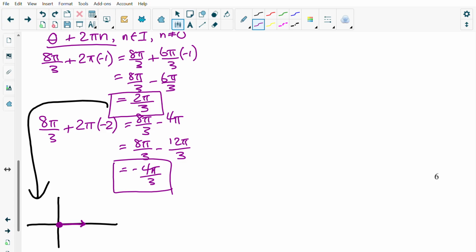I'm thinking of 3 pi over 3, which is the same as pi radians, which is a half circle. So 2 pi over 3 is pi over 3 radians short of a half rotation. So I start here, and pi over 3 is 60 degrees, so it's going to be right about there.